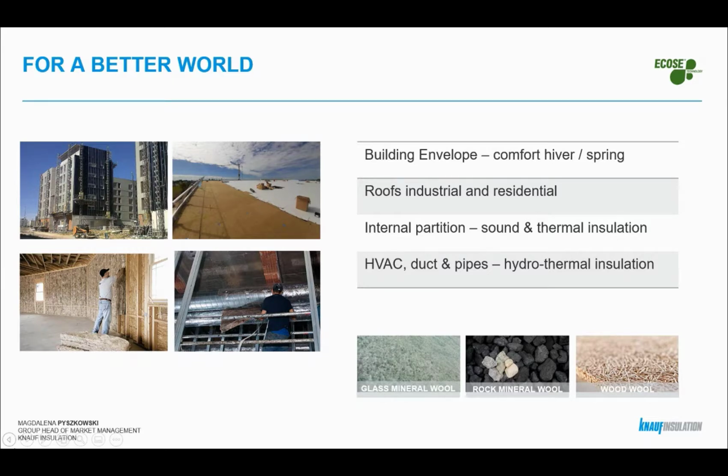We provide products and systems for the building envelope, roofs, industrial and residential, and for all internal partitions, with a focus on sound and thermal insulation, and all of the insulation for industrial use. We have different technologies, which is mineral wool, based on glass, rock, or wood. So this is an introduction about the company.